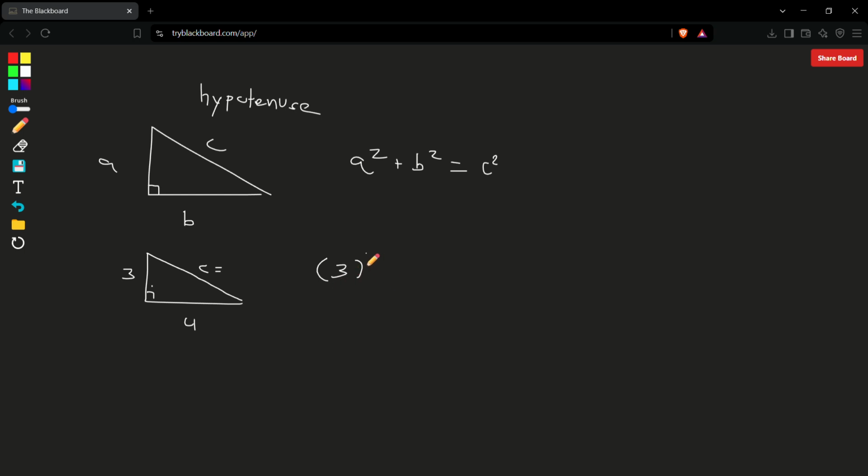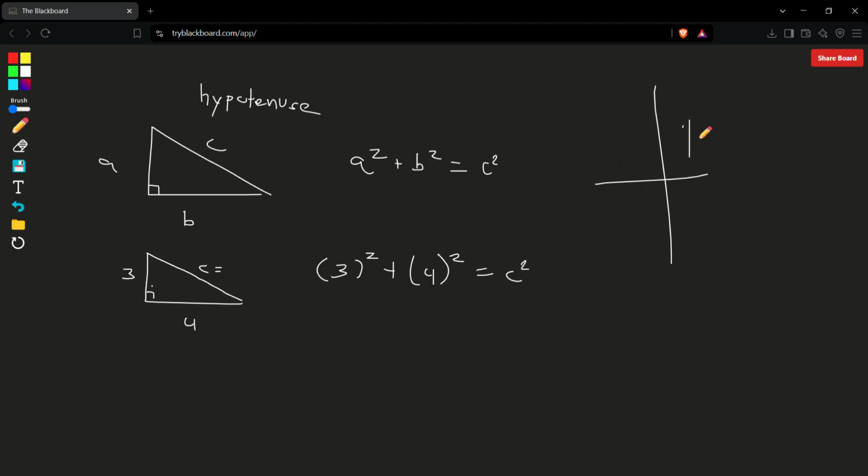and b as 4. Now keep in mind that you have to put parentheses on these things because sometimes they're confusing, especially when you have negative numbers. You could have negative numbers depending on the quadrant that you're in. By quadrant, I mean on the graph scale.